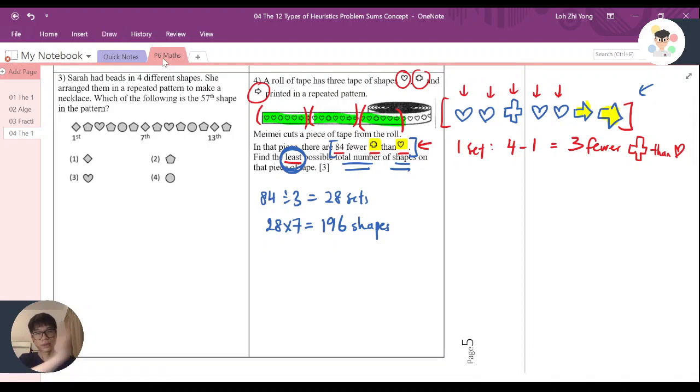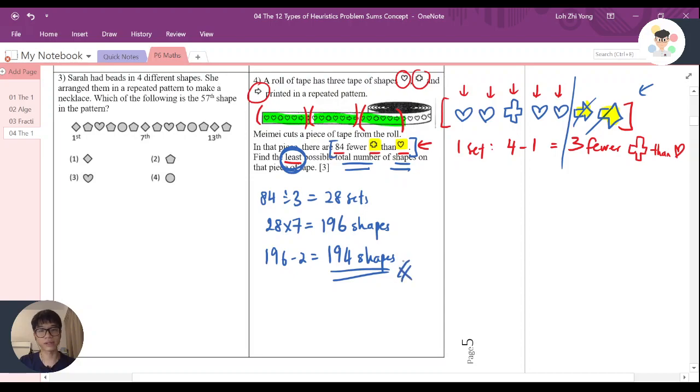So on the long tape, the last 2 shapes we can just cut off, only on the last one, because in the middle we cannot cut it off. So we can cut off these last 2 shapes, and use 196 minus 2, which gives 194 shapes. That's the least possible that we can have.